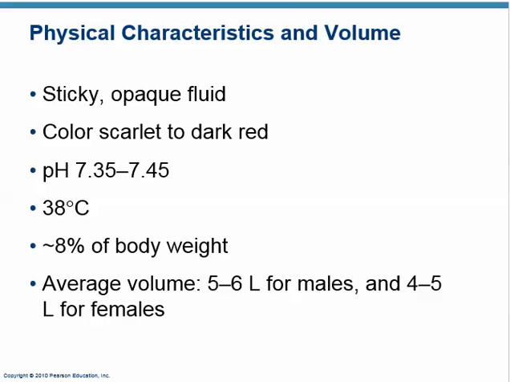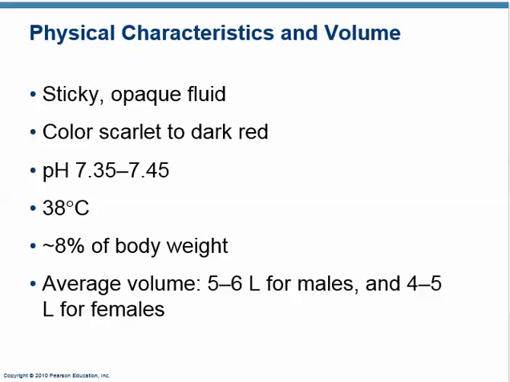It's interesting that it says here the average volume of blood is 5 to 6 liters for males, 4 to 5 liters for females. It's got less to do with gender and more to do with physical size. A 200-pound, 6-foot woman would have closer to 6 liters of blood, and not 4 liters.